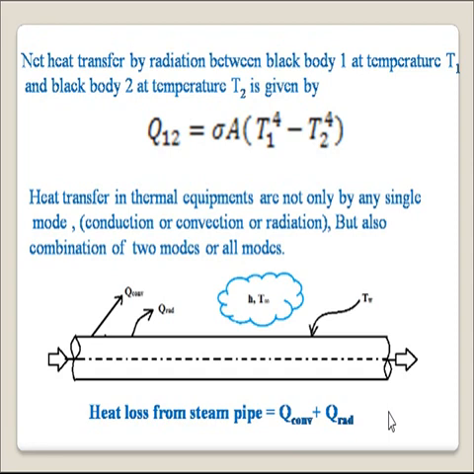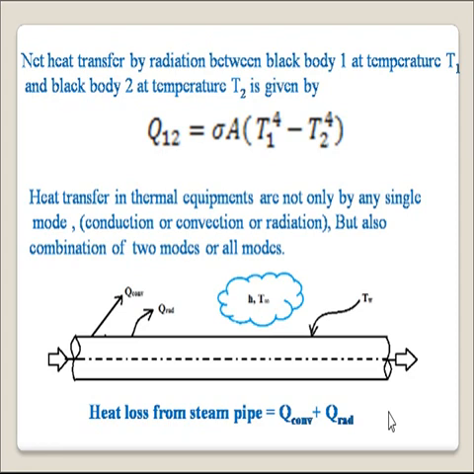Heat transfer by convection and by conduction requires a material or medium. But radiation does not require a medium for exchange of heat. In convection and conduction, heat transfer is directly proportional to the temperature difference.